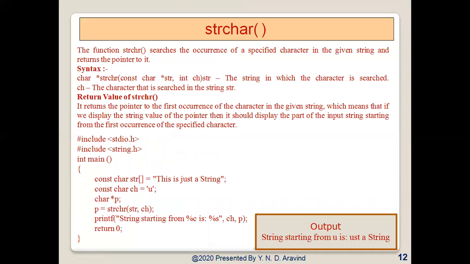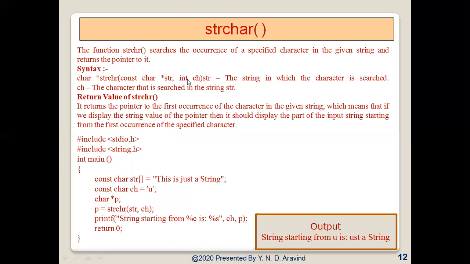String strchr. This function searches for the occurrence of the specified character in the given string and returns the pointer to it. Please note it is going to return the pointer to it. Here it has 2 arguments.